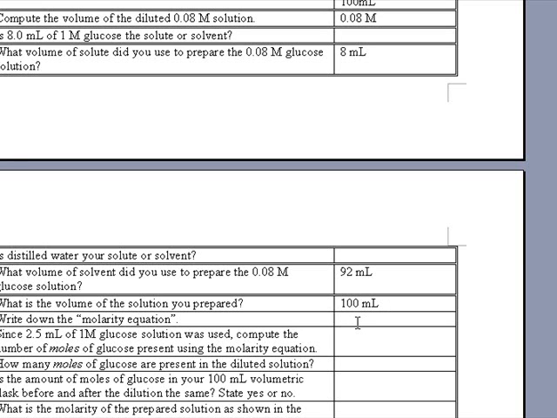One way of doing that is look in the index on the molarity, and it says equation to calculate the molarity. So I looked that up, and it is that molarity equals the number of moles divided by the volume. And here again my example, since I used 8.0 milliliters of the 1 m, compute the number of moles of glucose present using the molarity equation.